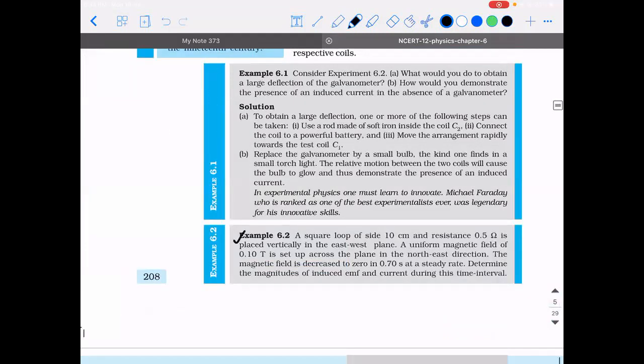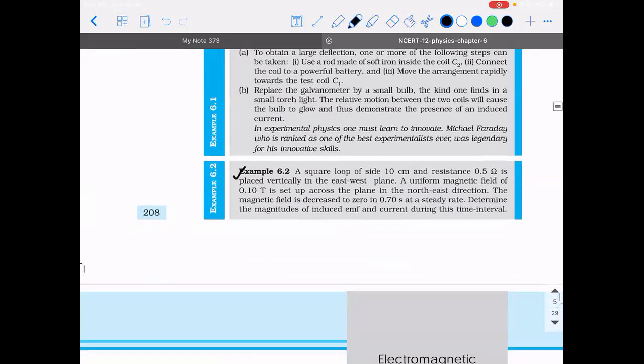Let's start with 6.2. There is a square loop of side 10 centimeter and resistance 0.5 ohm placed vertically in the east-west plane.